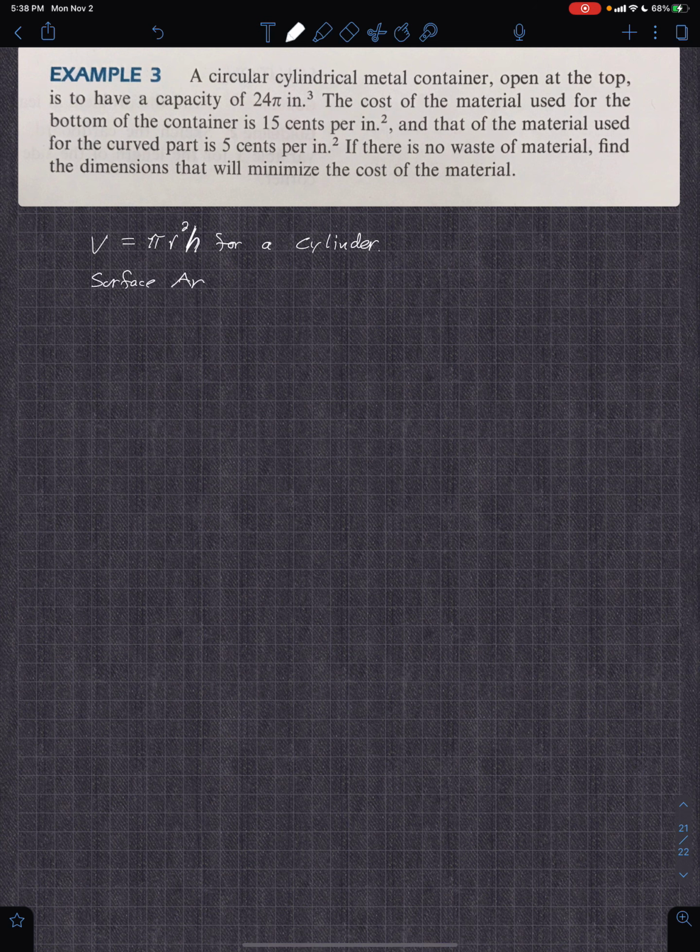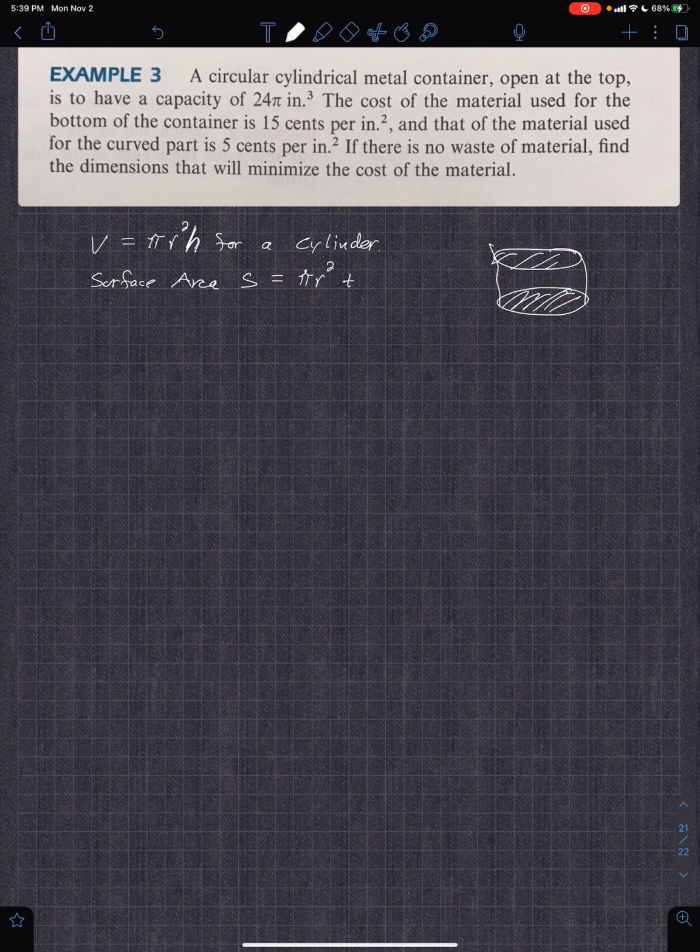So the surface area, we'll call that S. So surface area is basically the base. See, I got to start drawing a picture. It's just the base plus the sides, right? So it would be pi r squared plus the sides, but it isn't 2 pi. It's just 1 pi r squared. So it's the area of the base, and then the area of the sides.